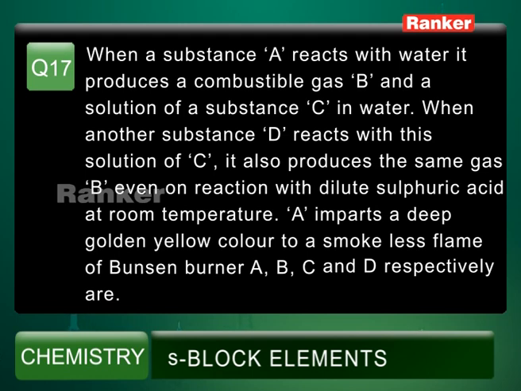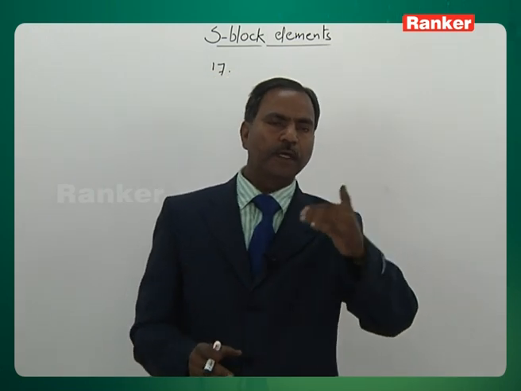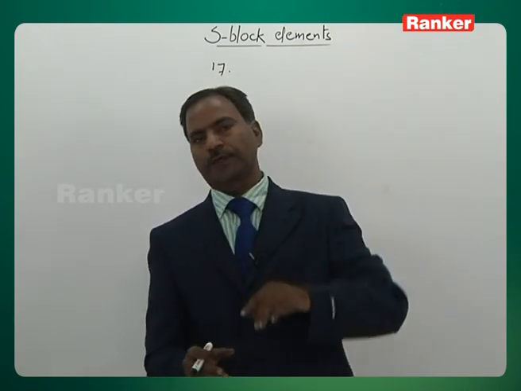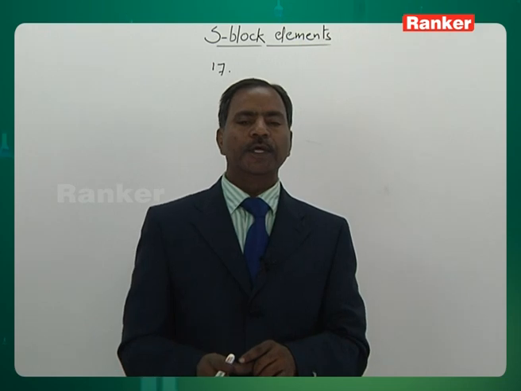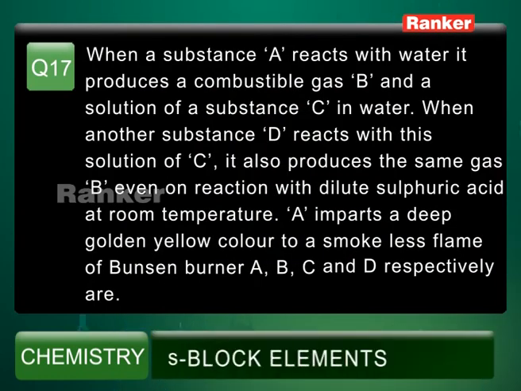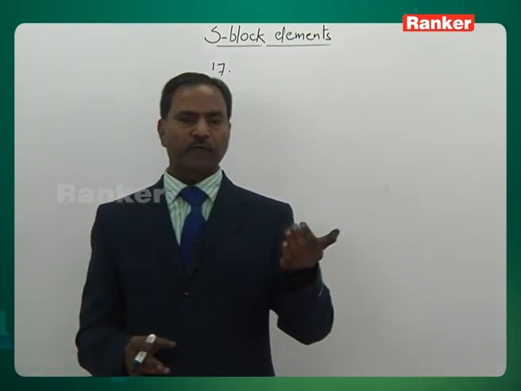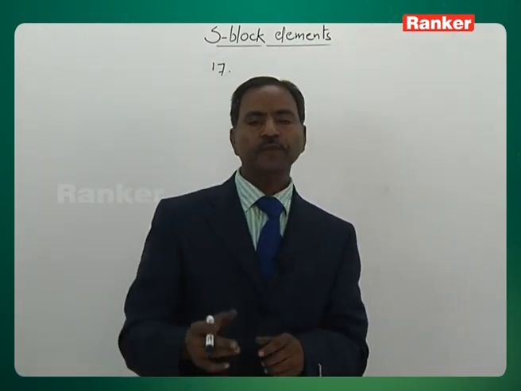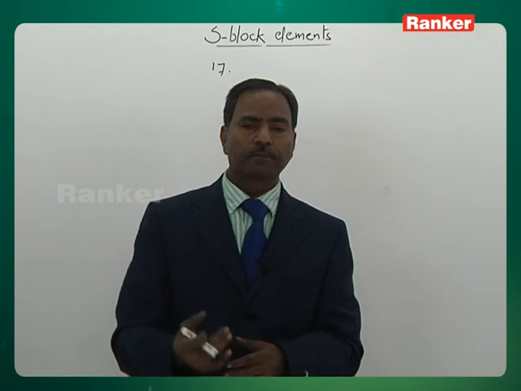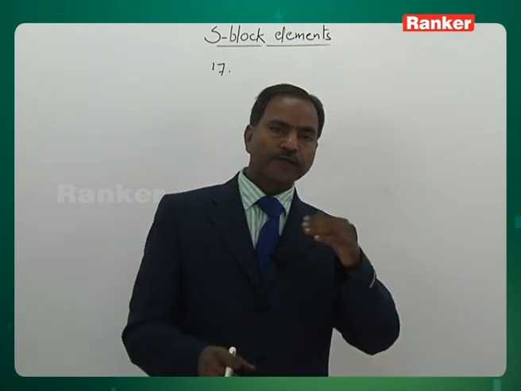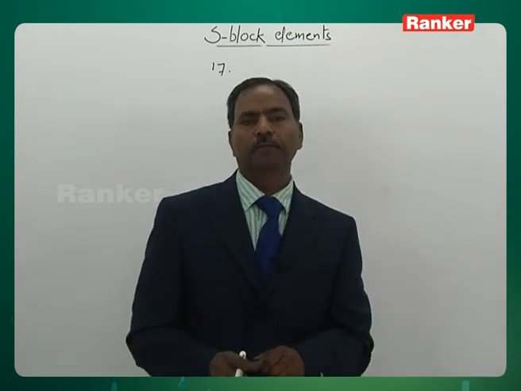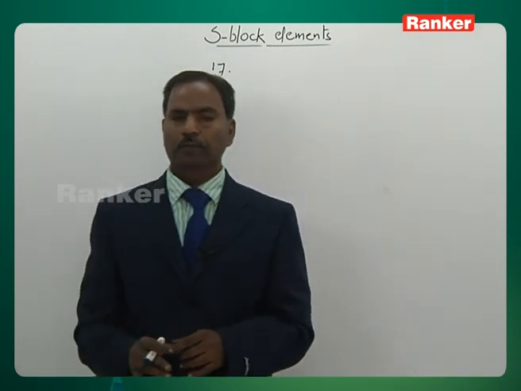When another substance D reacts with this solution of C, it also produces the same gas B. Even on reaction with dilute sulfuric acid at room temperature, the same gas B you are getting. The same metal with sulfuric acid also gives the same gas B.